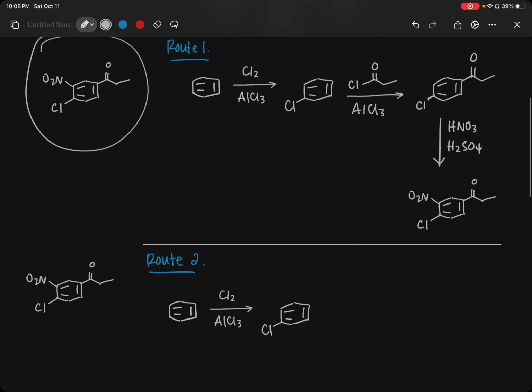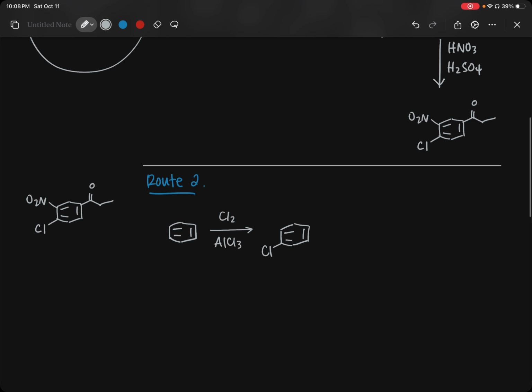Okay, so the second step that we did in the first synthesis was to do the acylation reaction. And I said that we could also do it the other way around. We could do the nitro group first and then the acyl group. Okay, so let's do the nitro group next. So again, we're going to use nitric acid and sulfuric acid for that transformation.